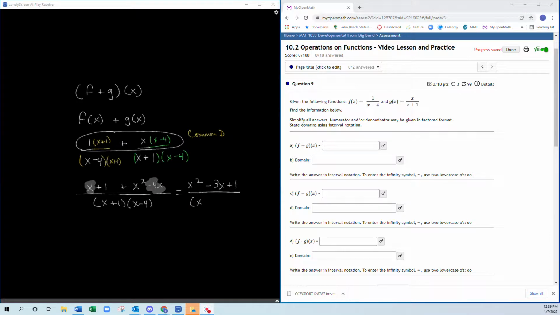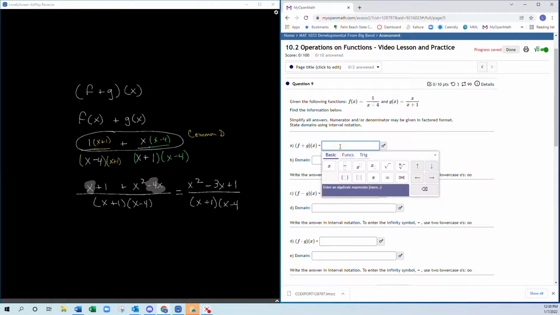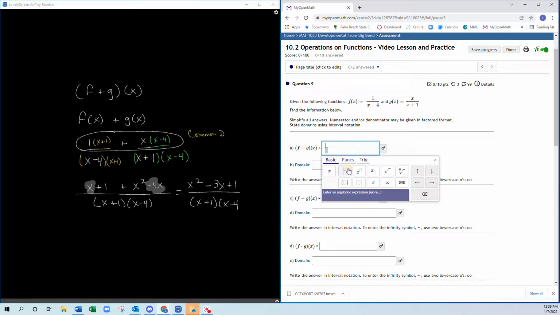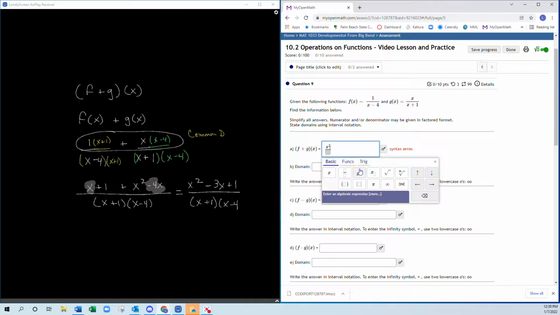So you want to go ahead and type that in. When you type this in, first do the fraction button. Then you have x squared, arrow over, minus 3x plus 1, and then arrow down for the denominator.